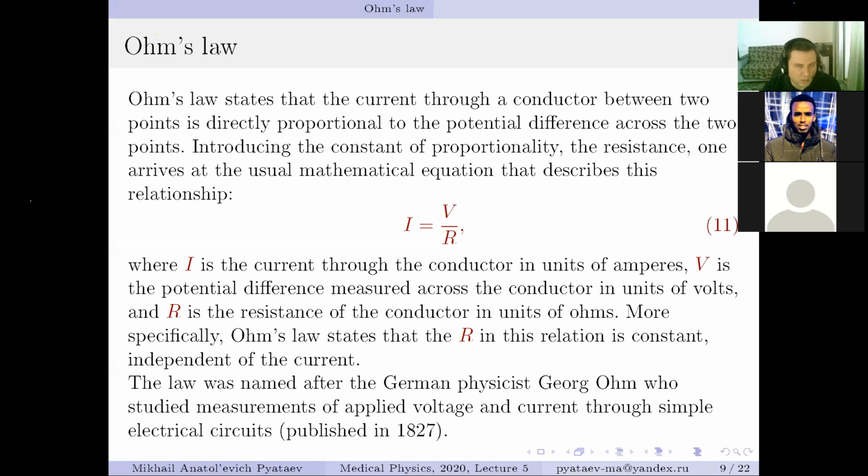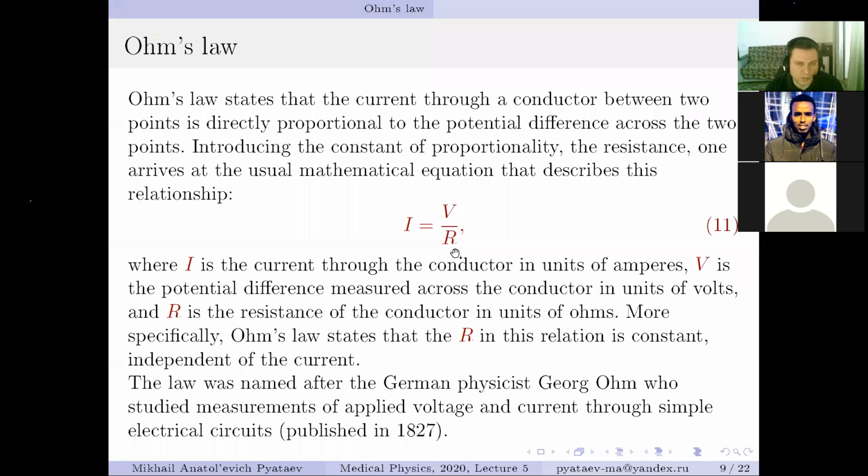Another type of material is called semiconductors, which can transmit current, but the dependence of their resistance on temperature is different from that of metal conductors. For conductors and semiconductors, Ohm's law says that current is directly proportional to voltage, to the potential difference applied to the conductor.